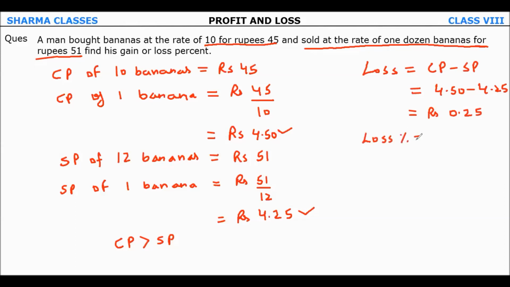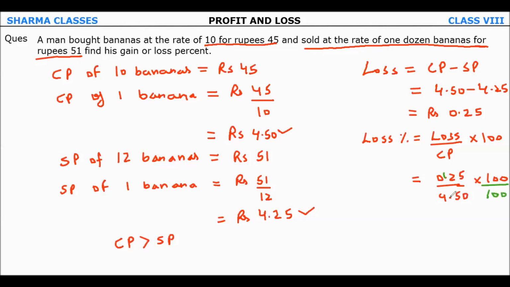So to find the loss percent, we have the formula loss by CP into 100. Now we have to put the values and we have to find the answer. Now how to find the decimal values? You have studied when we remove the decimal from the numerator, we put the number of zeros in the denominator, as many digits as there are after the decimal. So there are 2 digits after the decimal. So I'll put 2 zeros here.